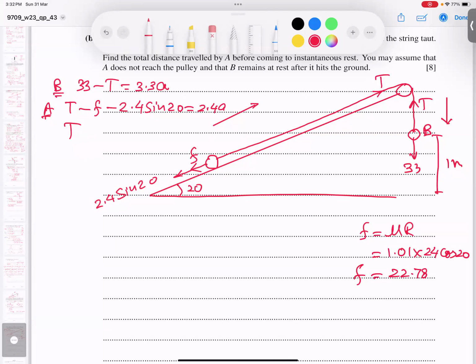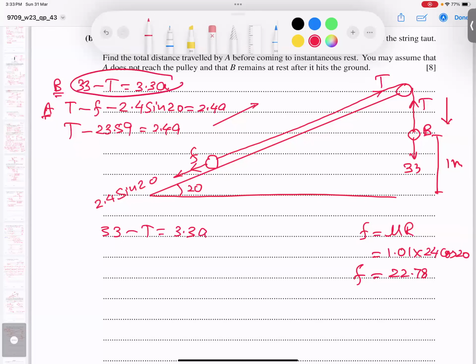So it means I'm getting here 23.59 is equal to 2.4a. Now if I solve it, wait a minute, let me check again. Let me write both values. 33 minus tension equals 3.3a, students.